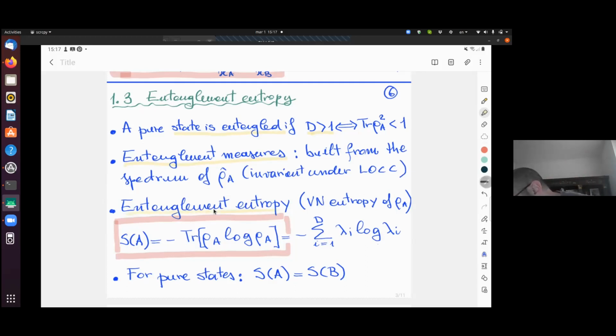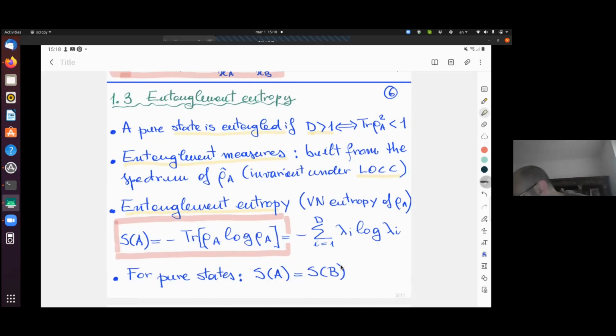All right, so I already stressed that all these definitions, and this is very crucial, are invariant under local transformations on both the Hilbert spaces. And one property that characterizes the entanglement entropy for pure states, and it's quite interesting and important, and clearly follows from the fact that the spectrum of rho A is the same as the spectrum of rho B, is that the entanglement entropy calculated tracing over region A or over its complement is the same.